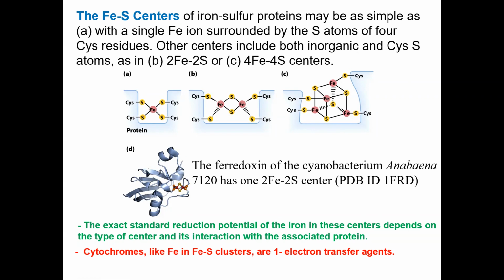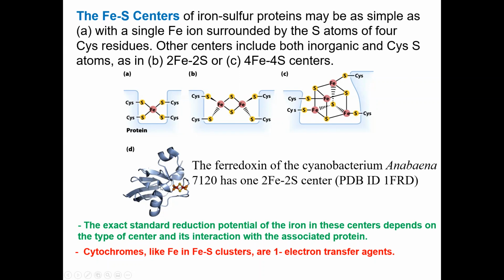Obviously they can do 1 electron transfer reactions, like cytochromes. But their standard reduction potentials could vary depending on the environment of that iron sulfur center.